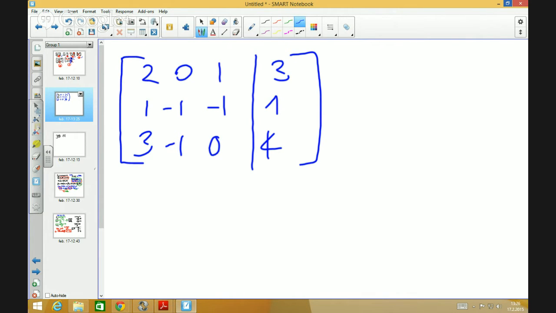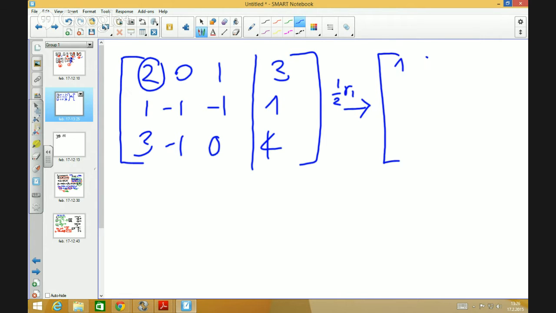Okay, so we want to put a 1 in this position. The algorithm says multiply by 1/2, sorry, divide by 2. So that's what we do. We take 1/2 times the first row. And let's see what happens.